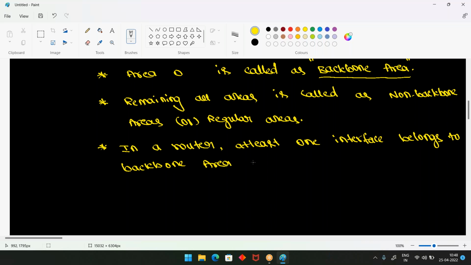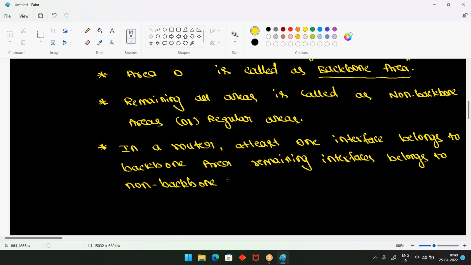Remaining interfaces belong to the non-backbone areas. In a router, at least one interface belongs to the backbone area, and the remaining interfaces belong to the non-backbone areas.